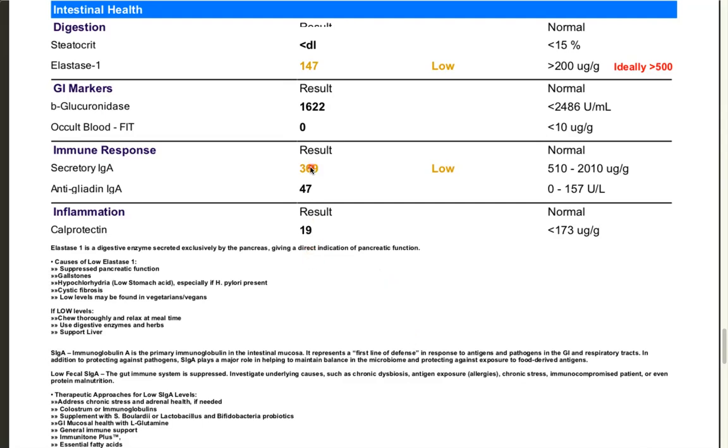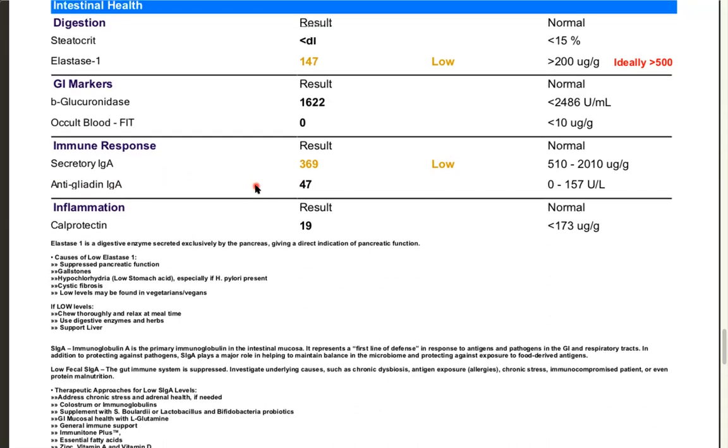So suppressed immunity can be caused by stress and anxiety. So this particular patient has anxiety, and what could be happening is this anxiety at the brain level is causing overall stress on the body and suppressing the immune system, which is showing up as this low secretory IgA.